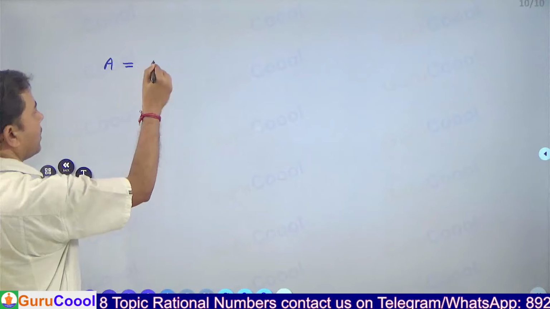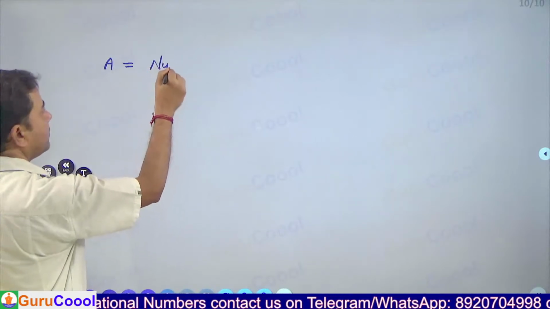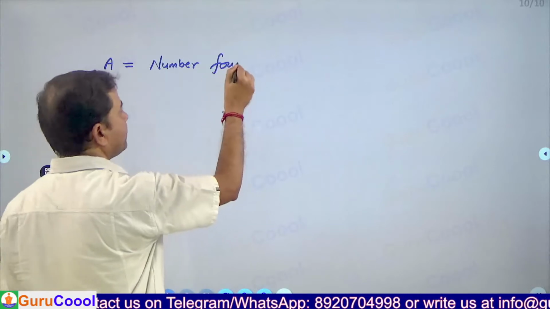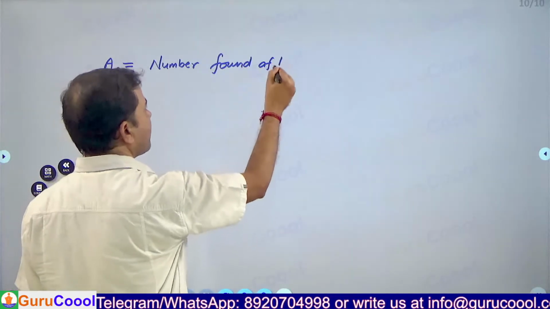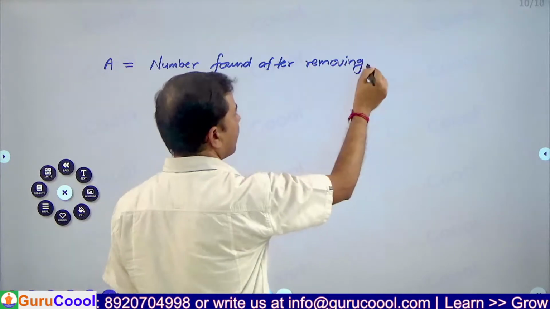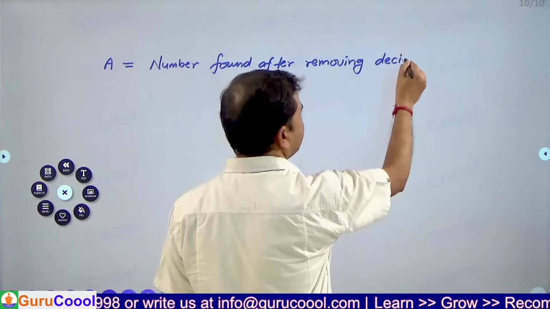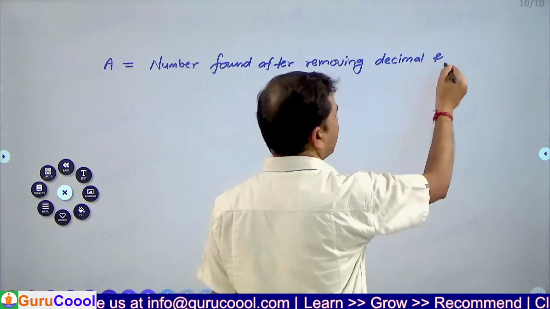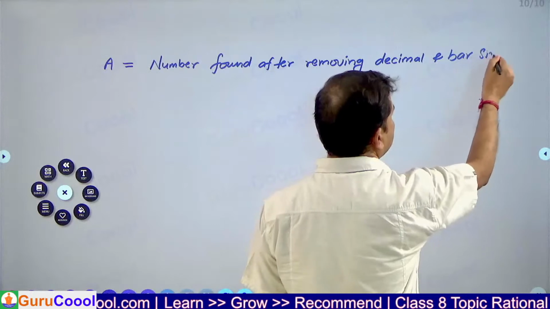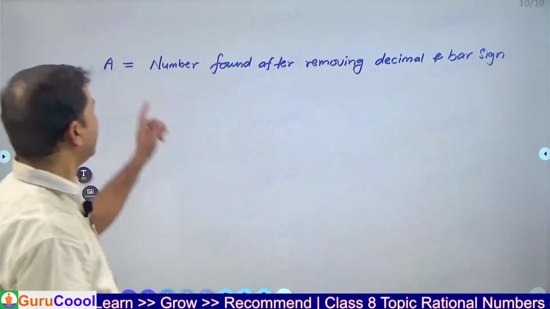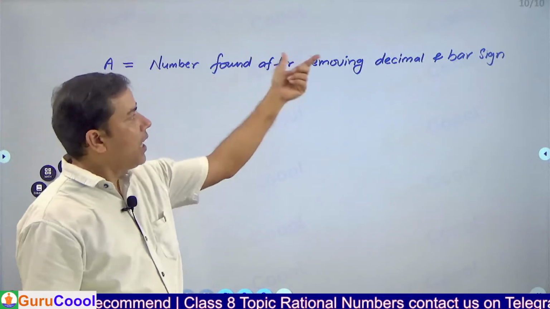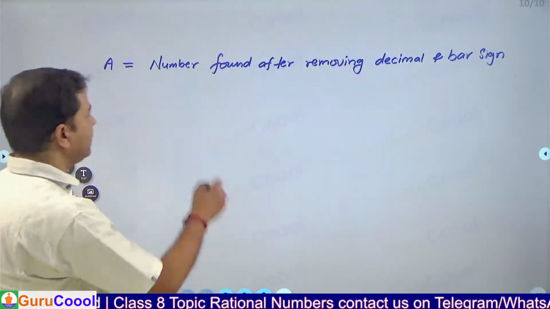A is equal to the number found after removing decimal and bar sign.